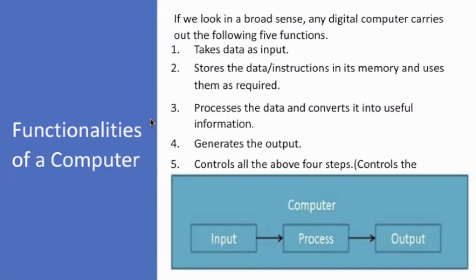We have to connect the keyboard to the CPU. We have to connect the mouse to the CPU. So our main hardware component is the CPU. Why? All the equipment and all the other hardware are controlled inside that CPU. Okay, that is one function of the computer.